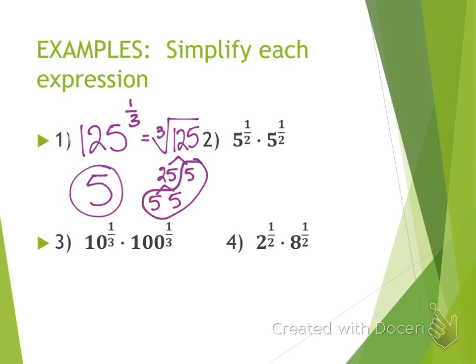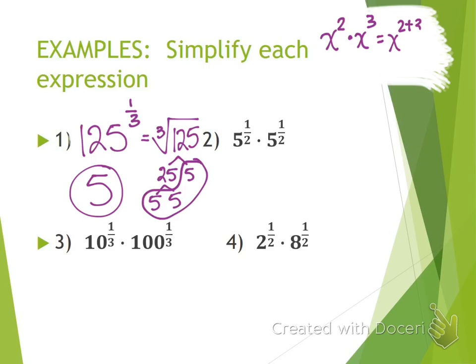For example, a simpler example would be if we're taking x squared times x cubed, what would we do with those exponents? Add them. We multiply when we take a power to a power. We're multiplying the same base, we add the exponents. So 2 plus 3.